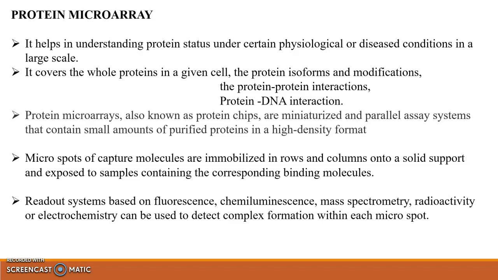Chemiluminescence or mass spectrometry determines the molecular weight of the complex, based upon which it can be specified whether the protein is bound to DNA or another protein present on the microarray plate. Radioactivity and electrochemistry are also various detection techniques which can be used in protein microarray.